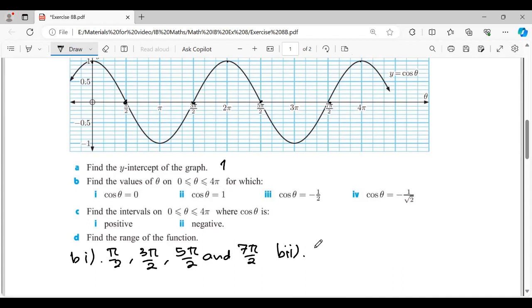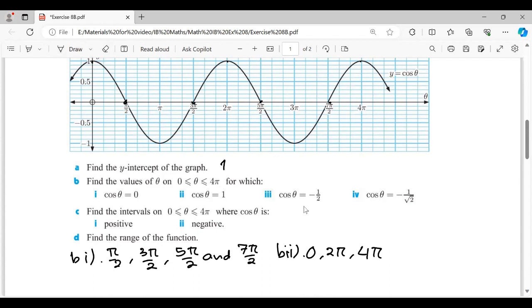So they are 0, 2 pi, and 4 pi. So cosine 0 equals 1, cosine 2 pi equals 1, cosine 4 pi equals 1.